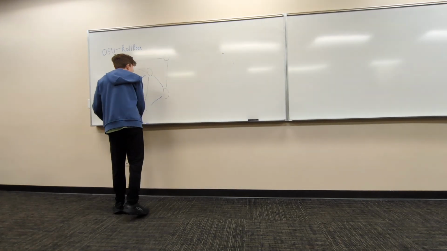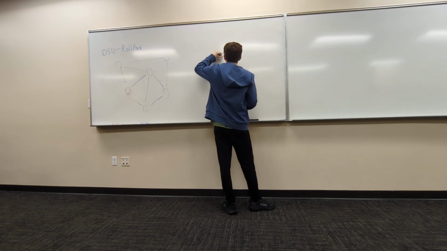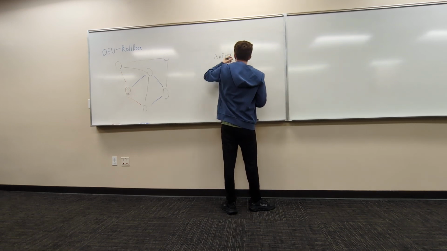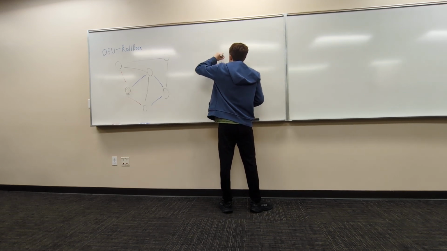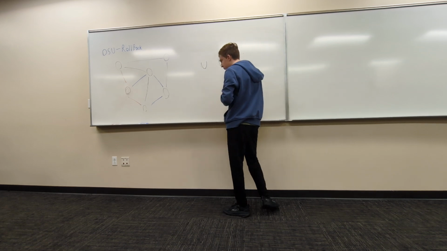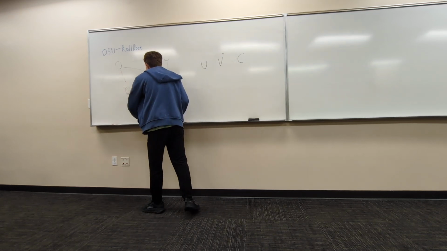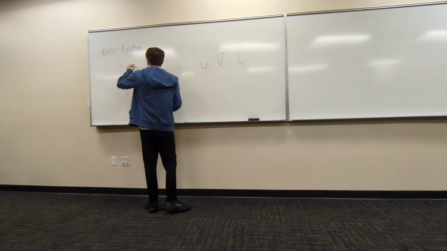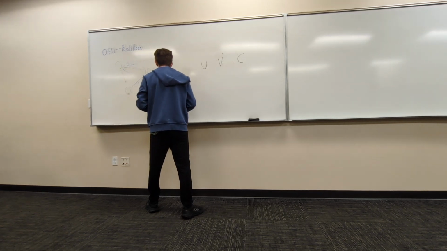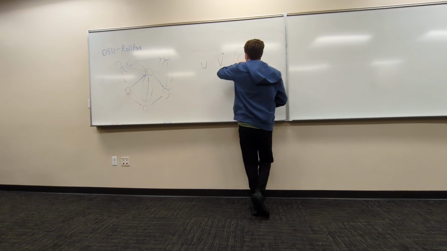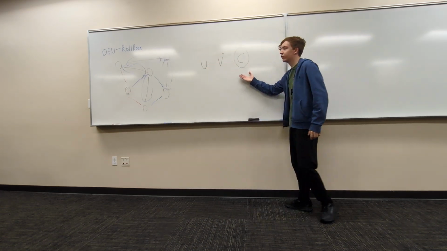I want you to answer queries: given two nodes U, V, and a color C, are U and V connected if you consider only the graph that has all of the gray edges, as well as the edges of this color? So you're given the graph in the beginning, and then you're going to answer a bunch of these queries.